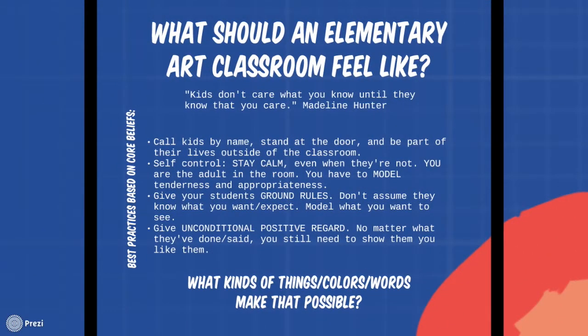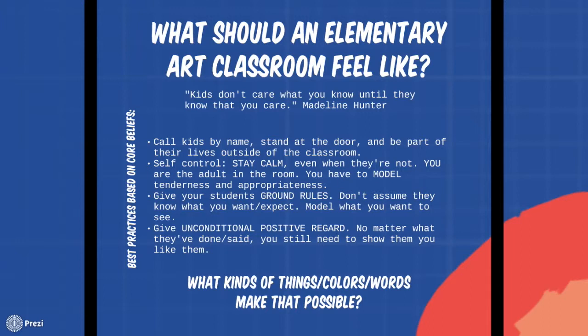In terms of what should an elementary classroom feel like? The space has so much to do with that, and the theories behind these core beliefs, there's a set of best practices that exist. And while the things listed on this particular slide have more to do with behavior, it has a lot to do with space as well.